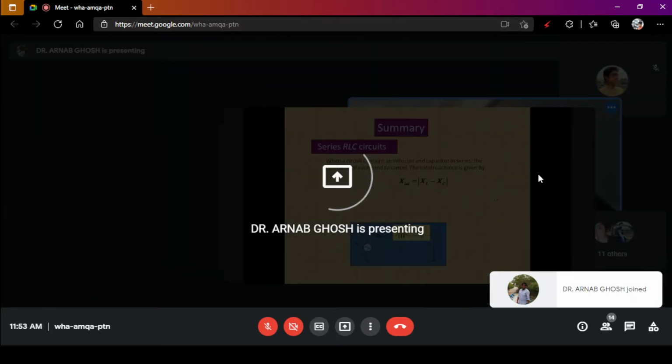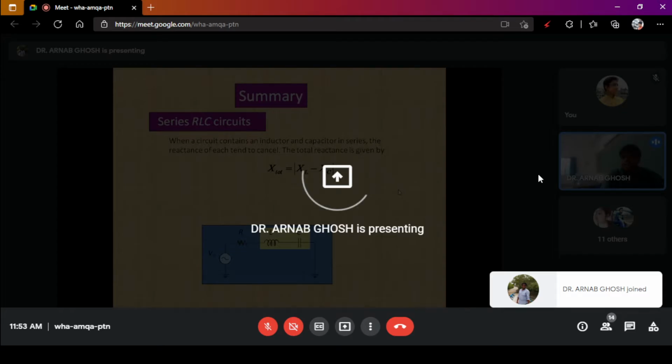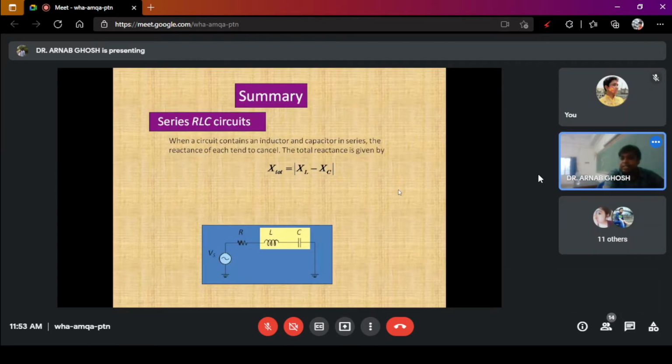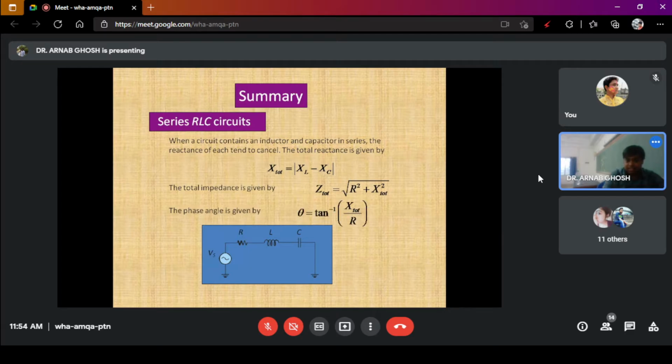So this was what I was talking about, that when a circuit consists of an inductor and capacitor in series, the reactance of each tends to cancel the other. So the total reactance is given by X total equals XL minus XC.